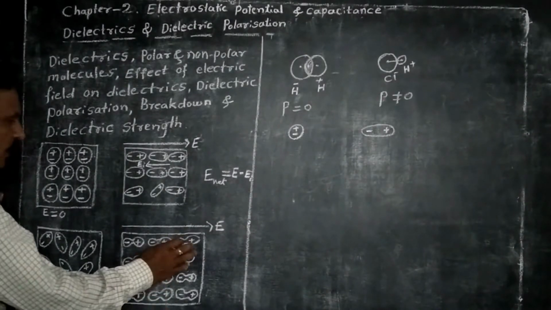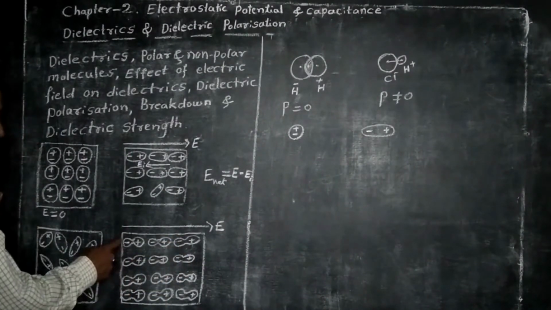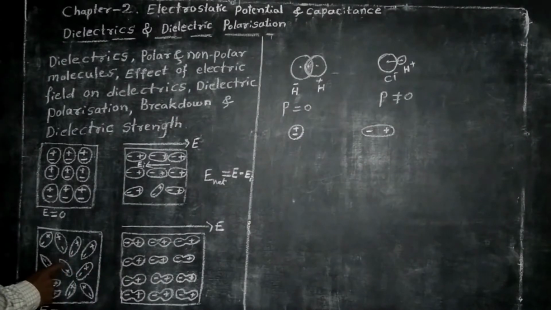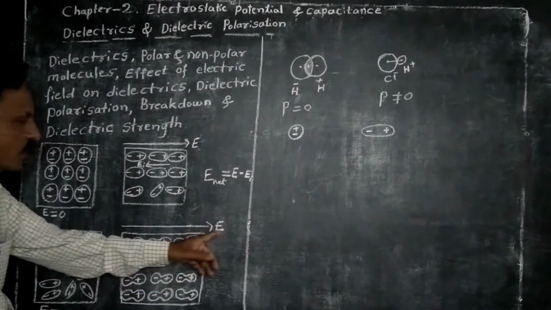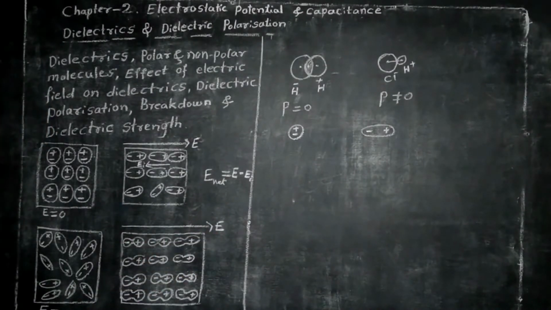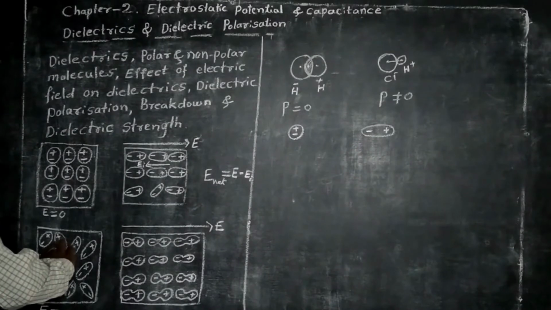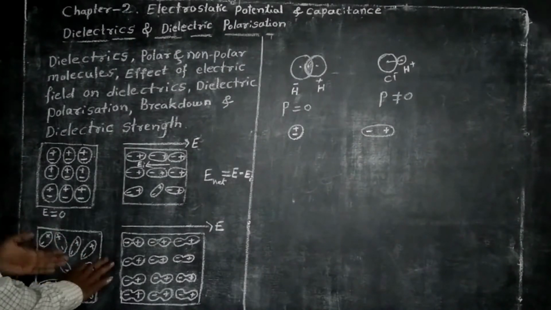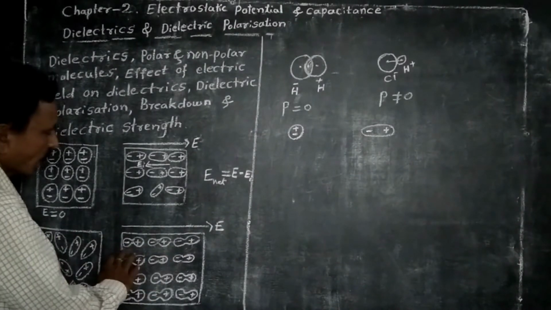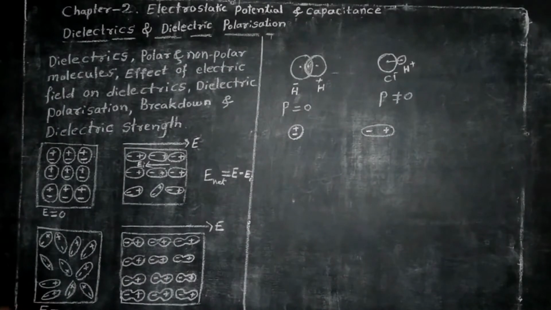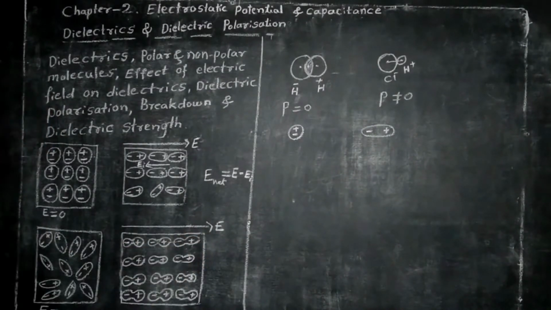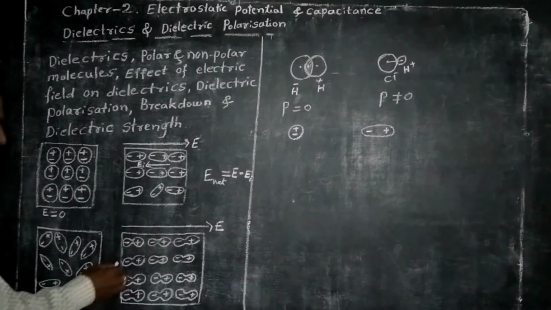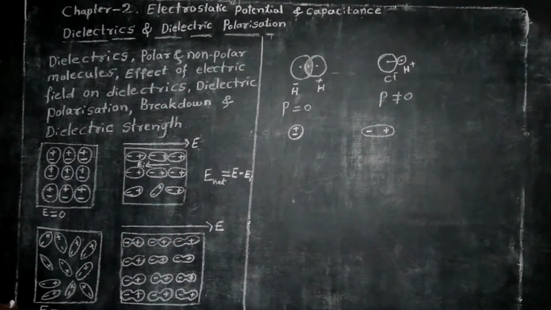Then what is the effect of polar dielectrics on the external electric field? If E is the external electric field, when the polar molecules align along the direction of the electric field, the positive charge is stretched in the direction of the field and the negative charges in the opposite direction.